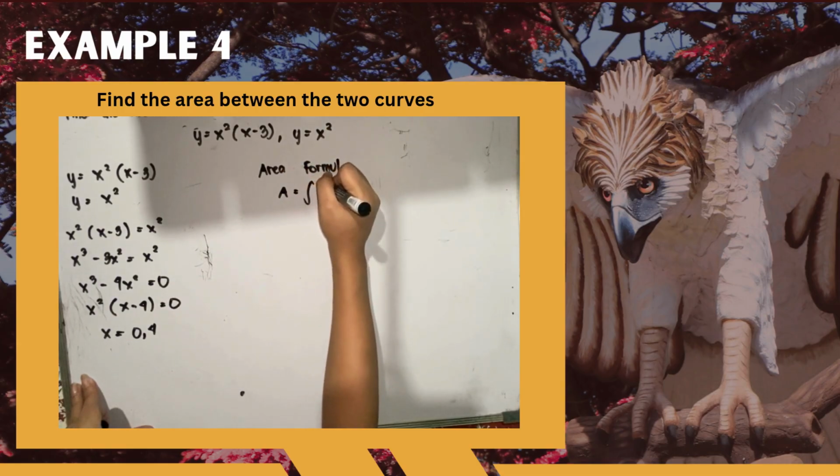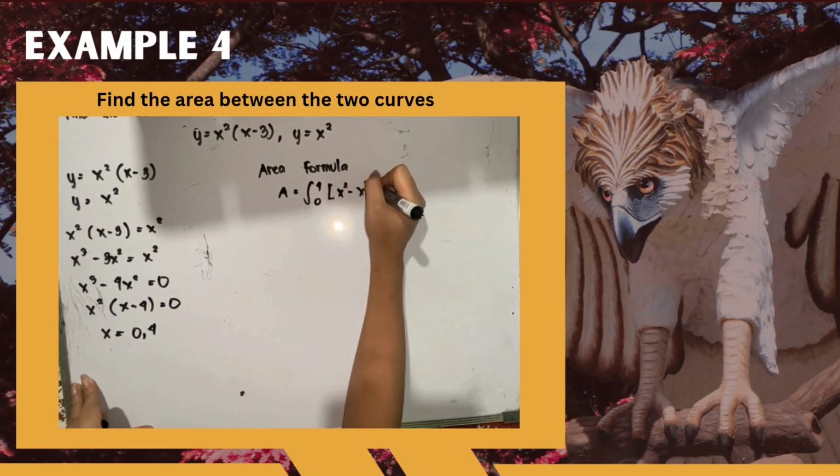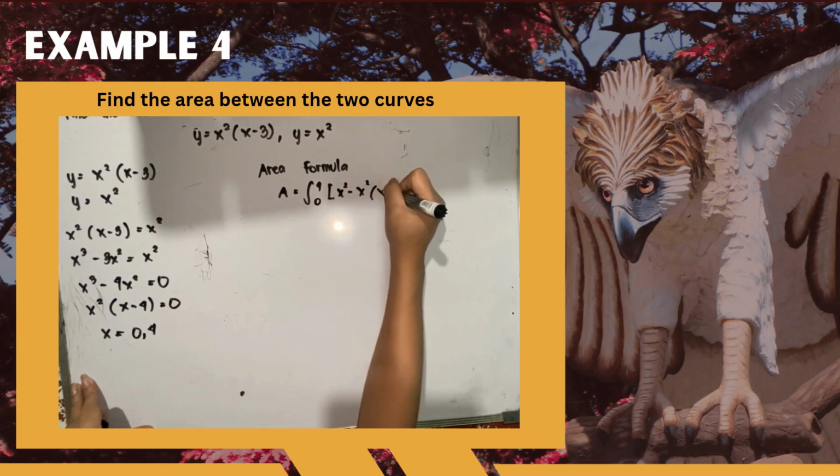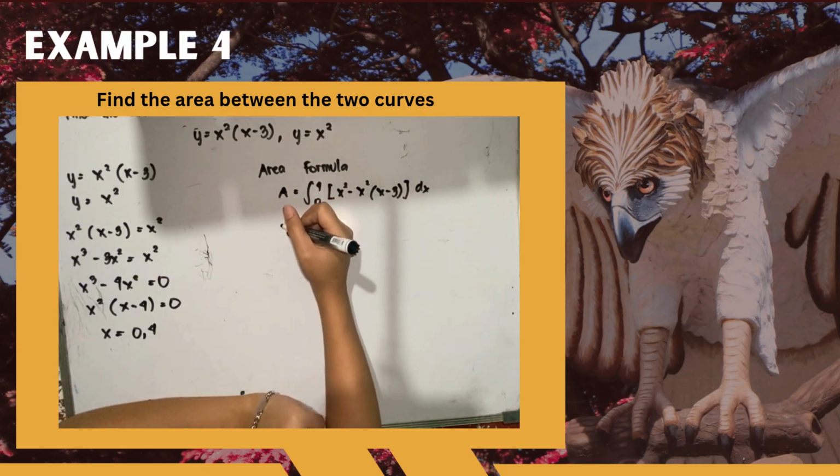Area is equal to the integral from 0 to 4 of x squared minus x squared, x minus 3, dx. So we have to simplify the integral.